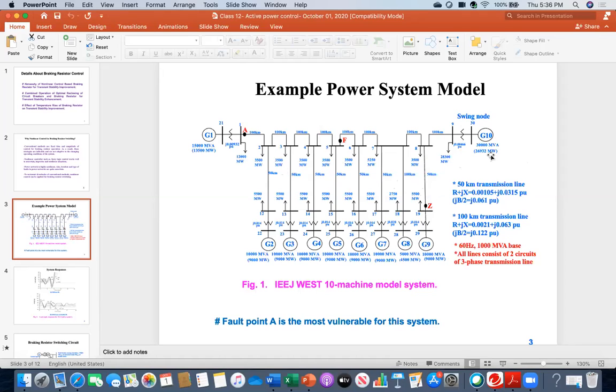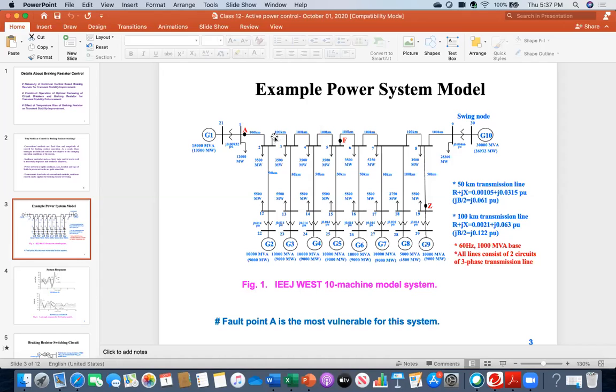G10 has the highest capacity, 30,000 MVA, and G1 has 15,000, and the rest, G2 to G7, 1000 each. G8 is a little smaller, 5,000, and G9 is 10,000. They form a highly interconnected system, and the distance is maintained like 100 kilometers.